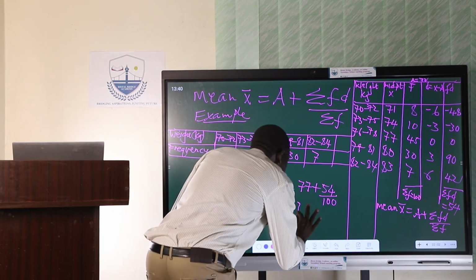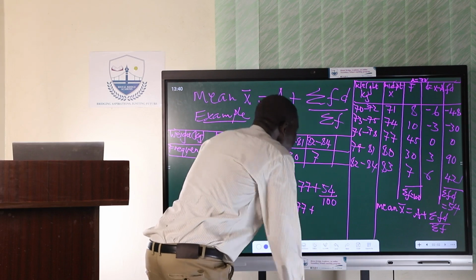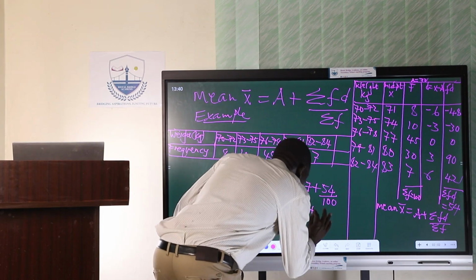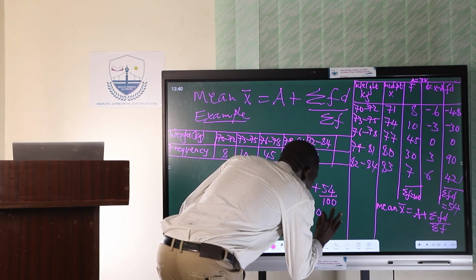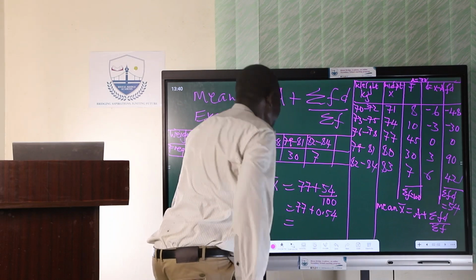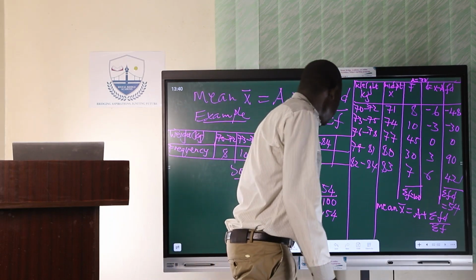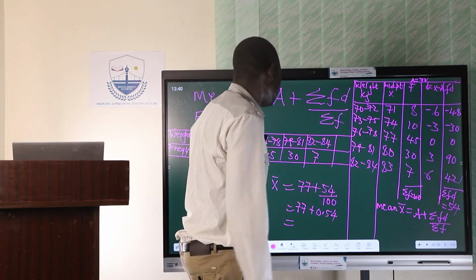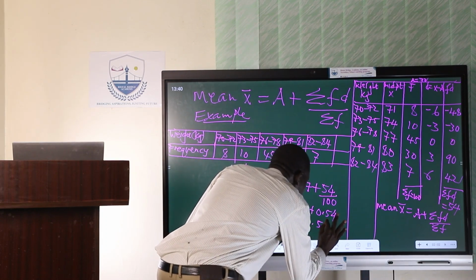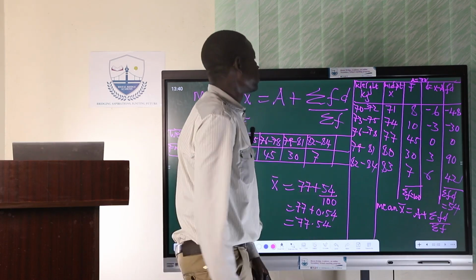So that when we add, we shall have 77 plus 54 divided by 100, you get 0.54, and therefore 77 plus 0.54, we get 77.54.